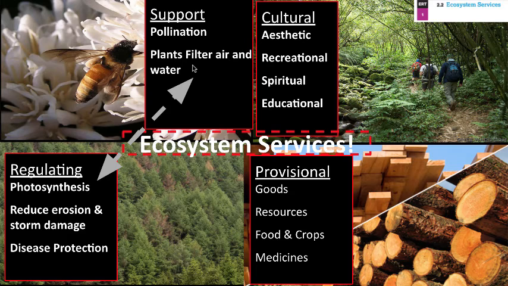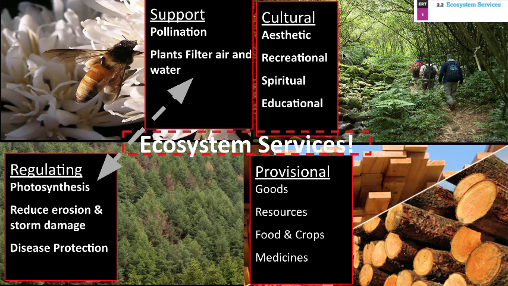Same with plants filtering air and water for us. It's essential in supporting our life and the things we do as humans. Regulating, you could make that same argument, but understand that these are regulating functions of the ecosystem as a whole. So things like photosynthesis, reducing erosion, and disease protection are all in this regulating service.